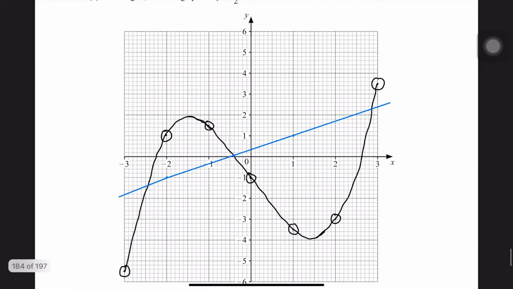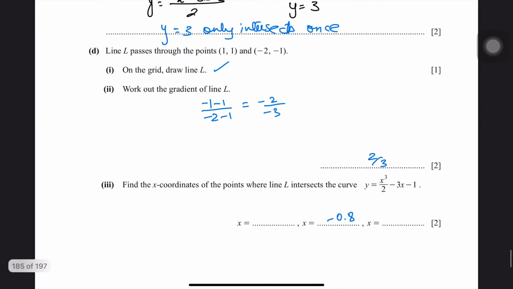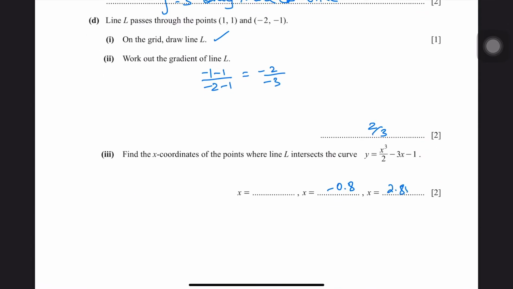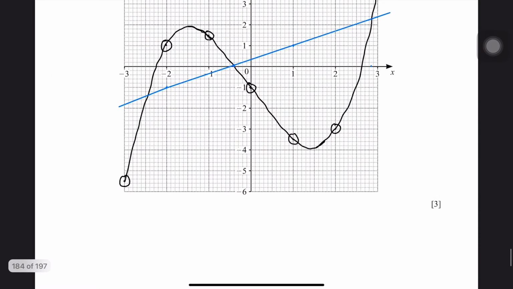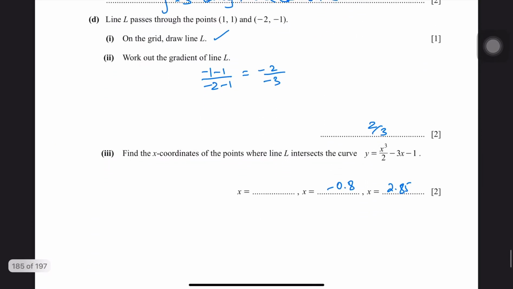Then it's intersecting at approximately, since my line is a little wavy, it is about 2.85. Okay, let's call that 2.85. And let's call that minus 2.45.